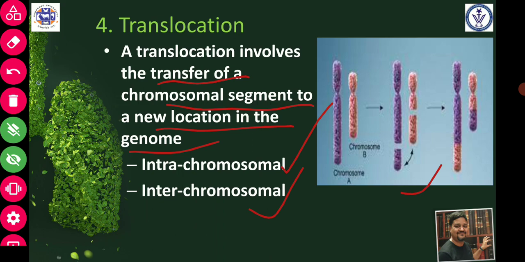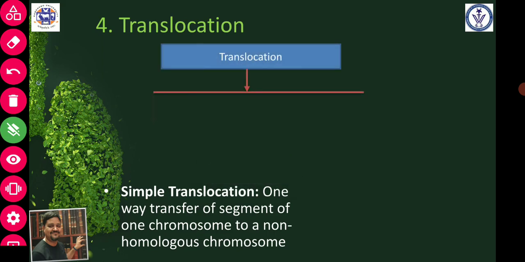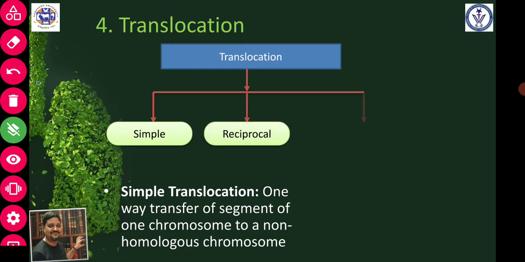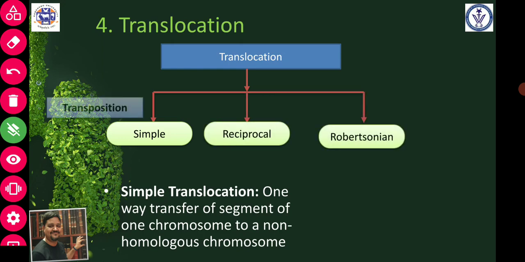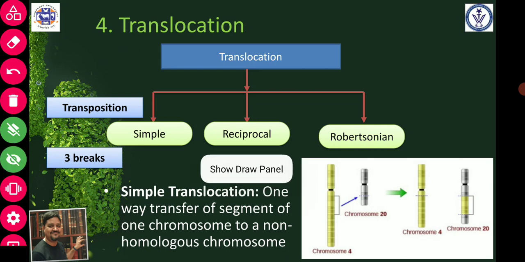Now different types of translocations are there. This translocation may be of three types. The first one is simple translocation, then reciprocal translocation, and Robertsonian translocation. The simple translocation is also known as non-reciprocal translocation or simply transposition. It may involve 3 or 4 breaks.